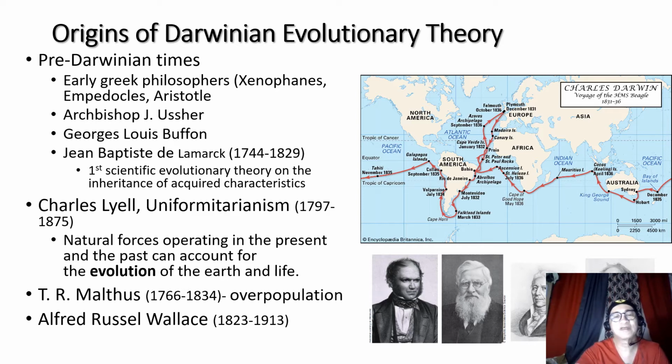Archbishop Usher declared 4004 BC as the date of life's creation. There was also George Louis Buffon, who attributed environmental influence on the modification of animal form. Jean-Baptiste de Lamarck was the first to present a scientific evolutionary theory, the theory of inheritance of acquired characteristics, which was of course later debunked.